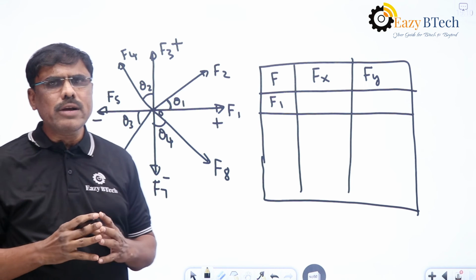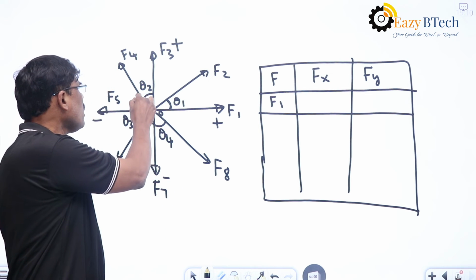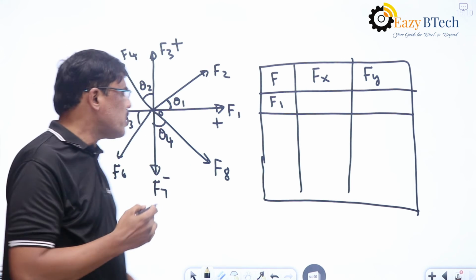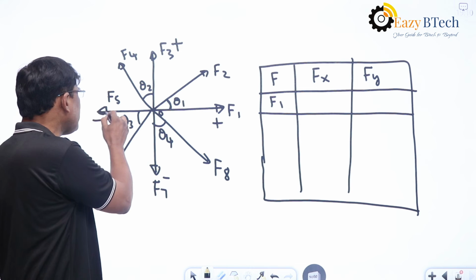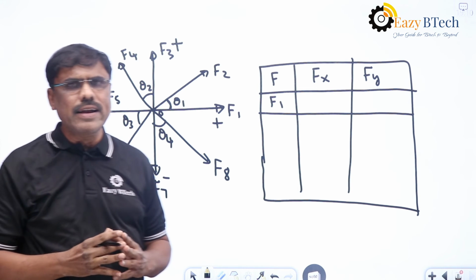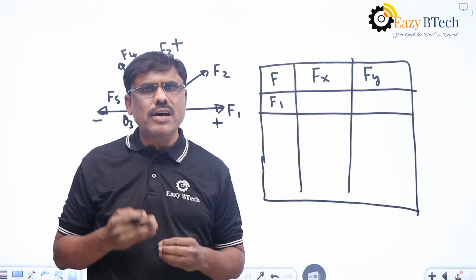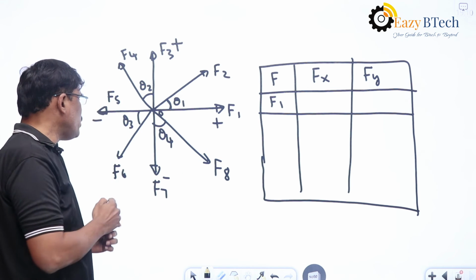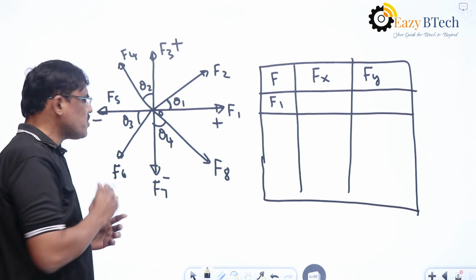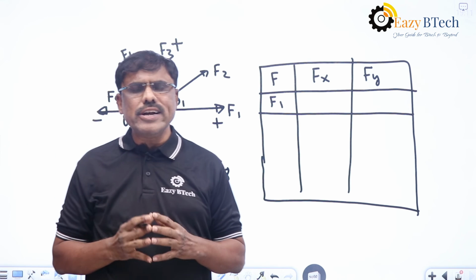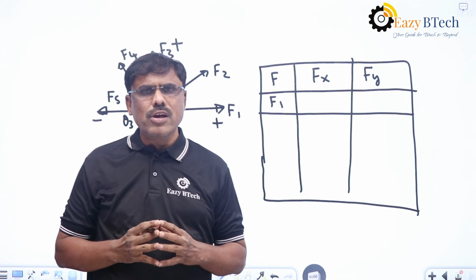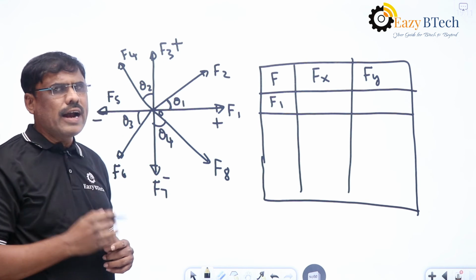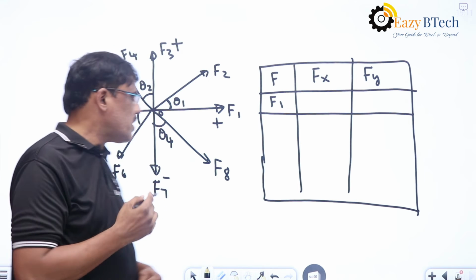So the y component becomes F4 cos theta 2, x component becomes F4 sin theta 2. And F5 is acting along x-axis towards left here. So the x component is minus F5 and y component is 0. And when it comes to the F6 here, it is making an angle theta 3 with the x-axis here. So x component becomes F6 cos theta 3 and y component becomes F6 sin theta 3.